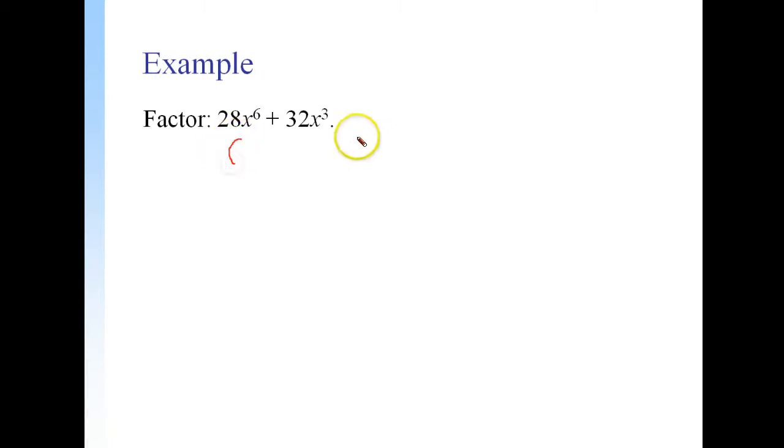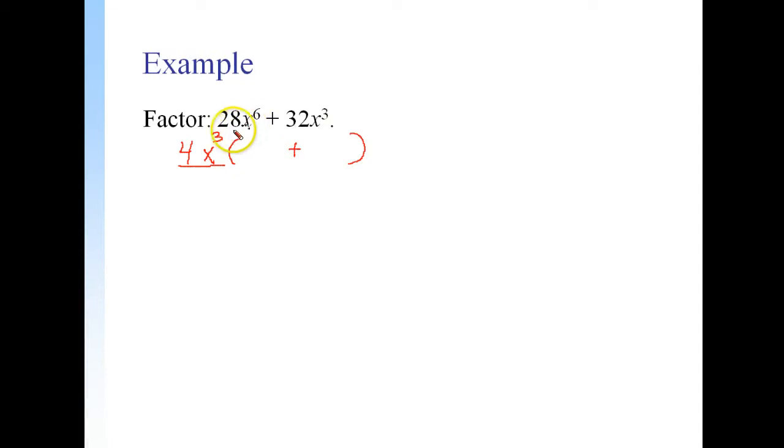We're going to have two terms in a parenthesis, and this is sort of the background, and we want to factor something out, the greatest common factor. Now, I know I can take a 4 out of there, so I'll put the 4 there. I'm going to take a 4 out of there and a 4 out of there.